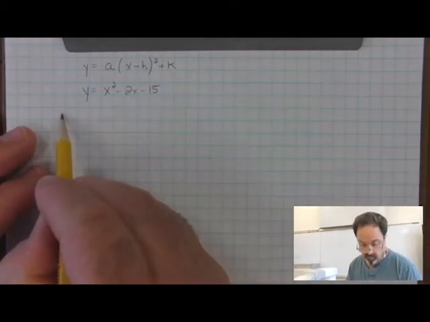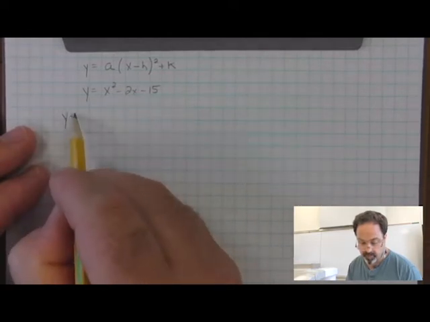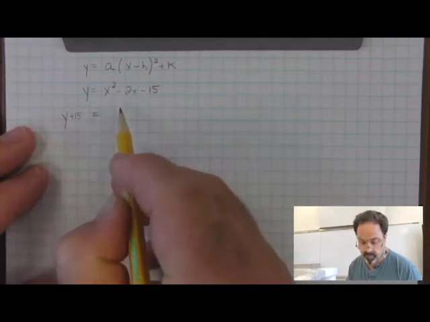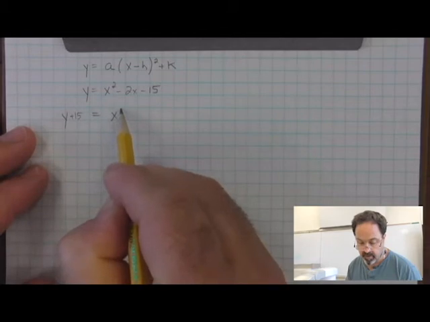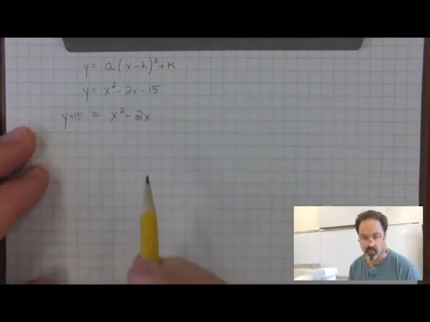To start, I'm going to add 15 to both sides so that I get the two x terms together on one side.